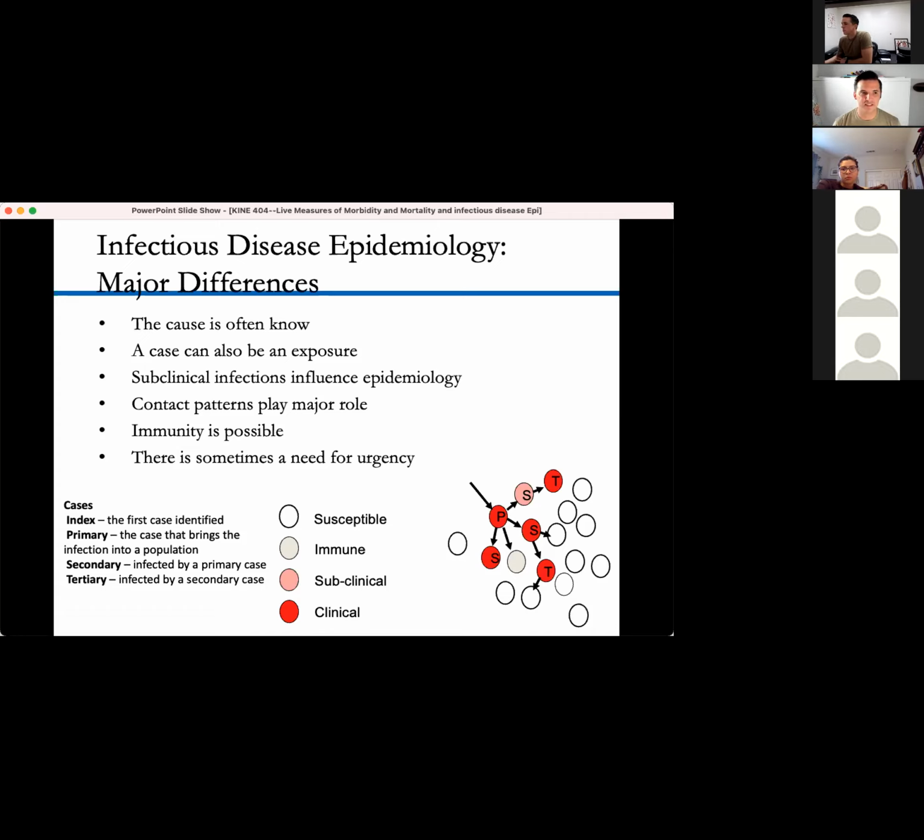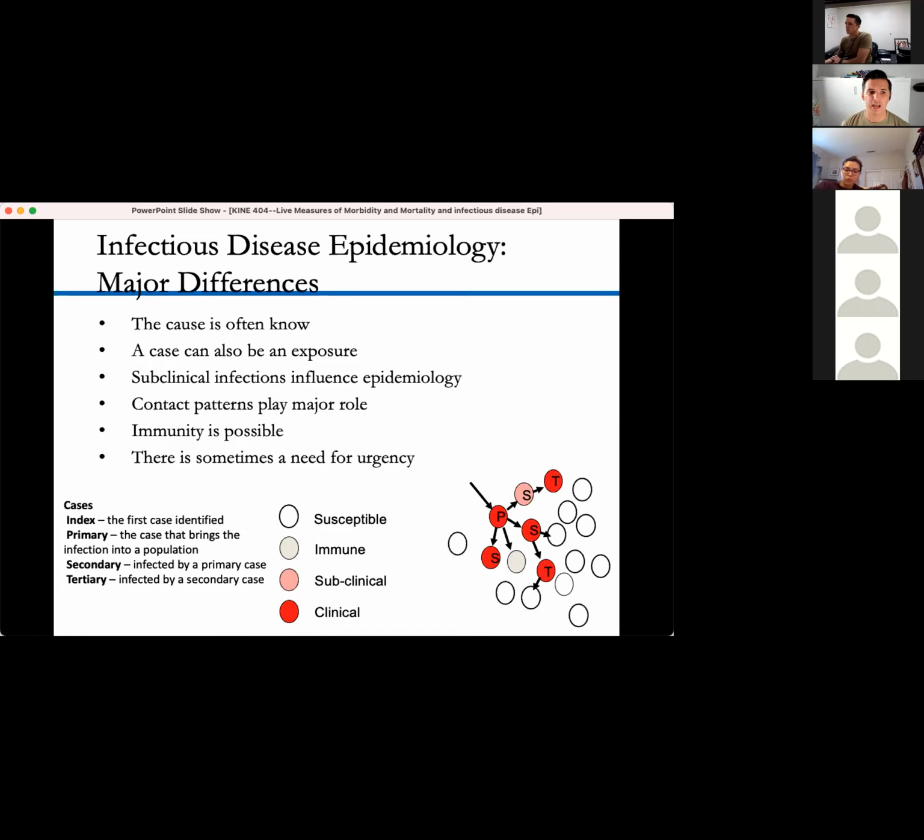Subclinical or asymptomatic infections can impact the epidemiology of the disease. We've seen this a lot with COVID-19, where about 40 to 50% of people, and that number changes all the time, are asymptomatic, meaning they have the actual virus but are not presenting any symptoms, but they still contribute to disease spread. How we come into contact with people plays a major role.